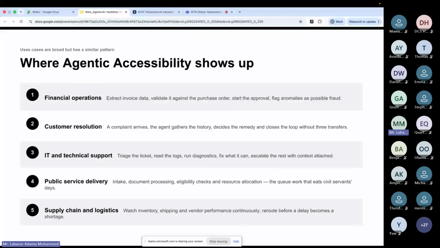There are lots of parts of financial services where we can use agents. Customer resolution, customer support. There are a lot of problems with customer support that need the help of an agent. When a customer needs help, the agent can gather histories of past reports and past complaints, decide the remedy, and close the loop.